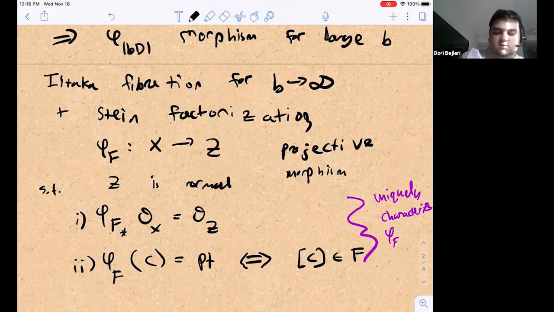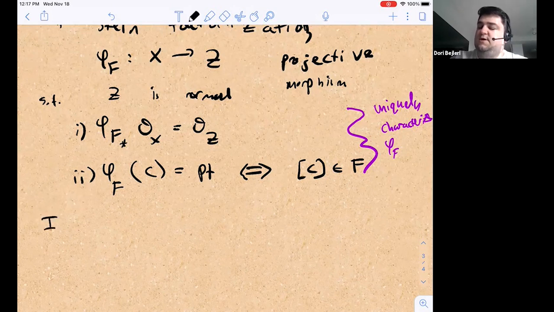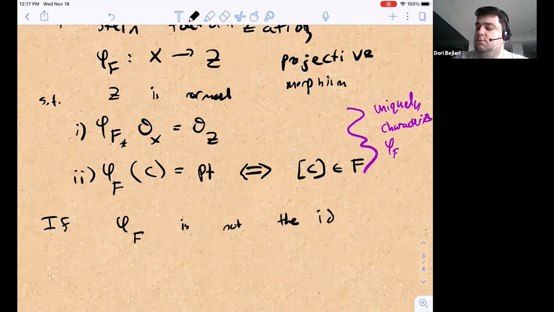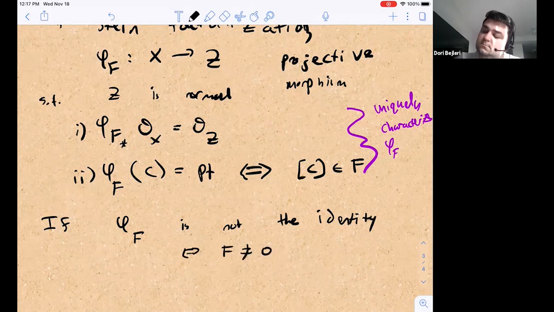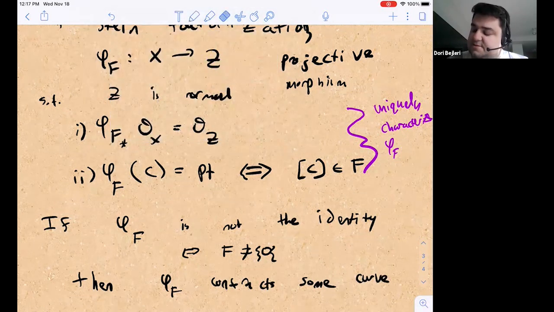So in particular, write it this way: if phi_F is not the identity, i.e., F is not the zero face, then phi_F contracts some curve. And for this statement, let's say we're at the level of rays actually.